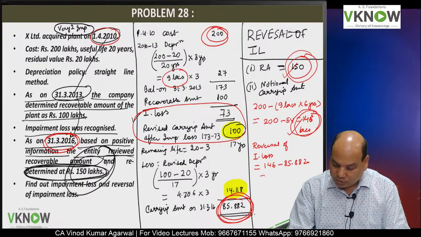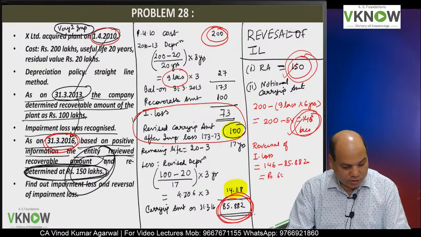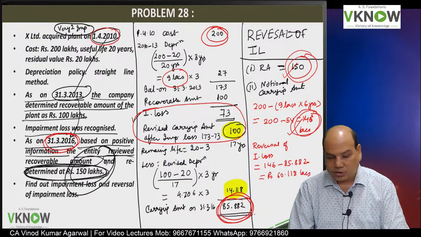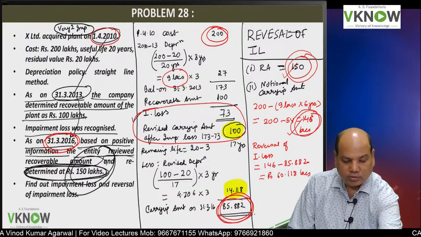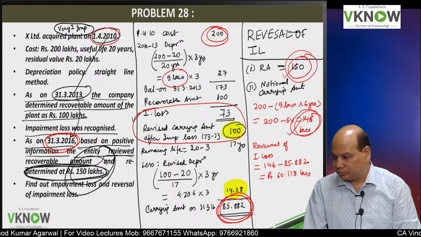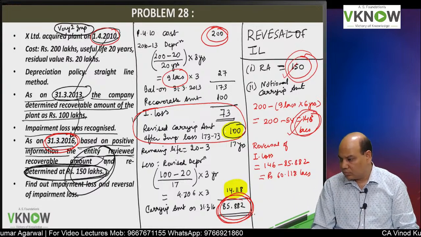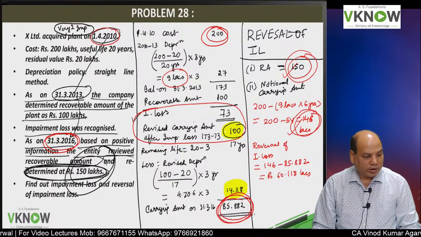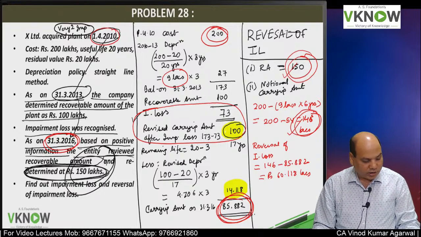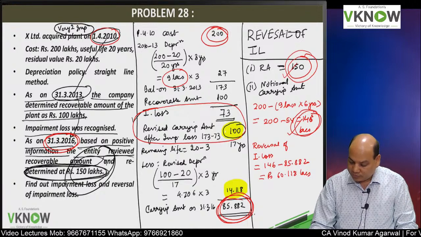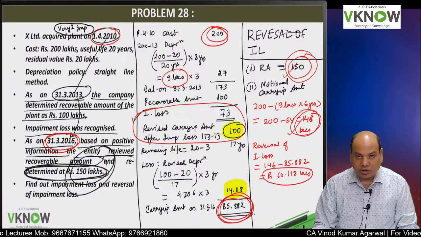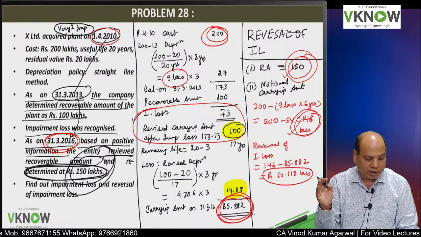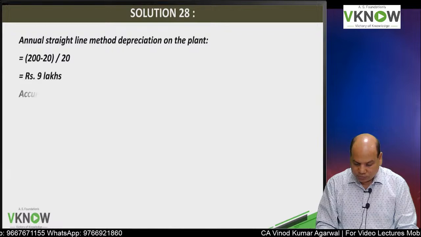The amount will be rupees 60.118 lakh. Is that right? And then you have to pass the journal entry for reversal. I have to reverse this amount. This is a non-revalued asset, so the reversal will be credited to profit and loss account.